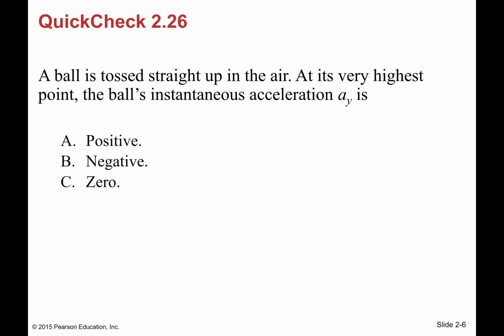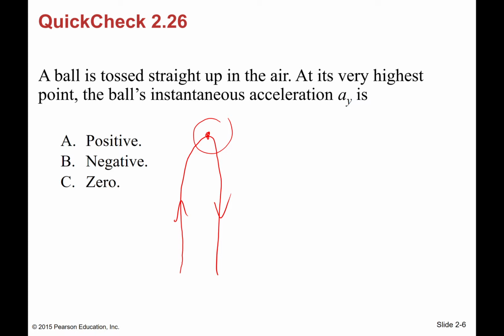So here's a quick question. You throw a ball up on the earth, so the ball is going to go up and then come down, and it reaches a maximum point. At that maximum point, what is the instantaneous acceleration of the object?